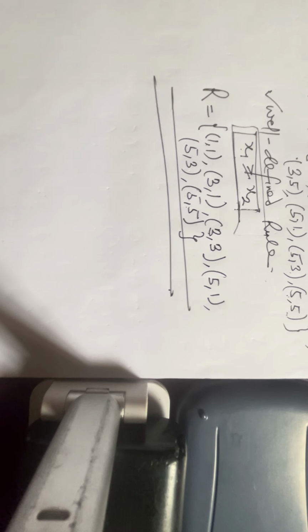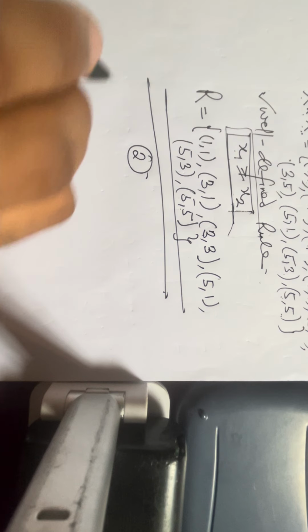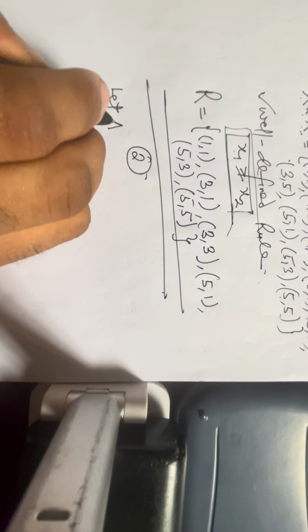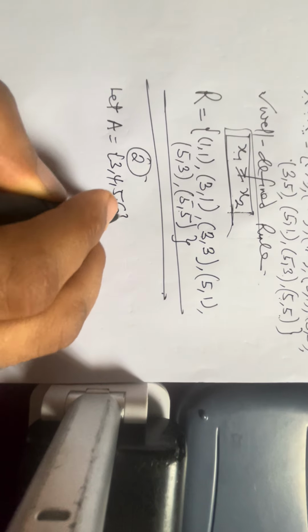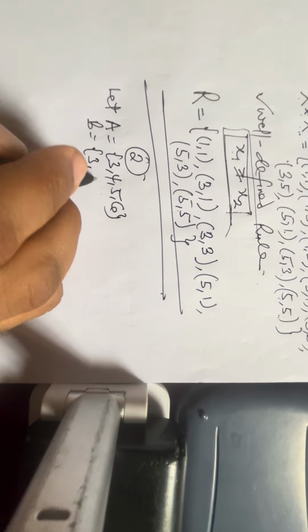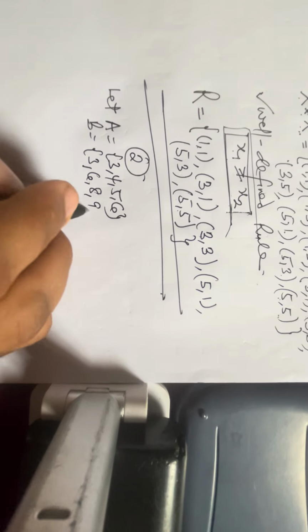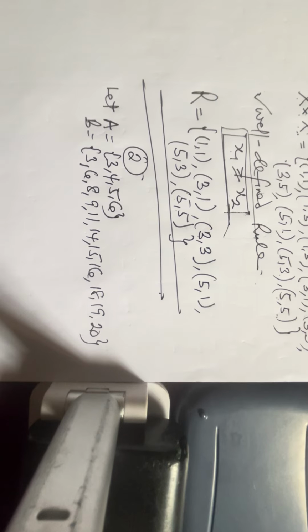Let's look at example 2. Now, let's say that we have A equals 3, 4, 5, and 6. Then we have B equal to, let's say, 3, 6, 8, 9, 11, 14, 15, 16, 18, 19, and 20.